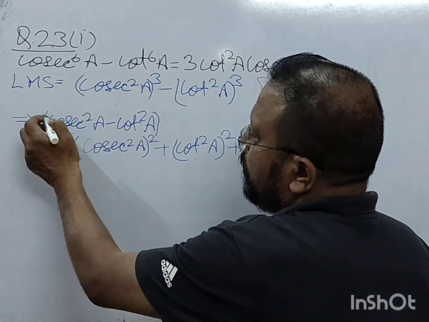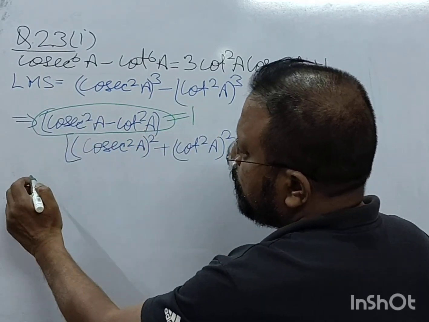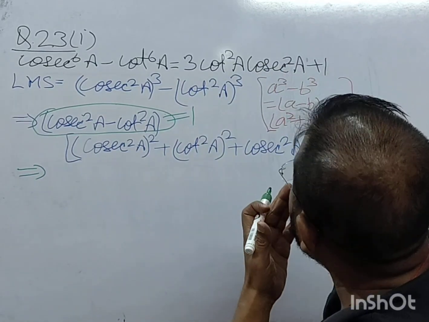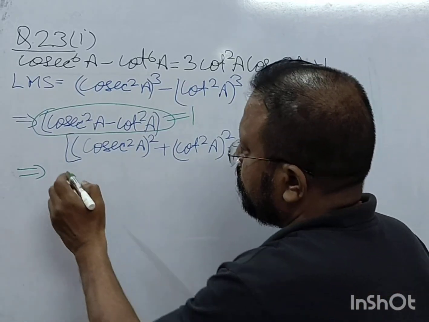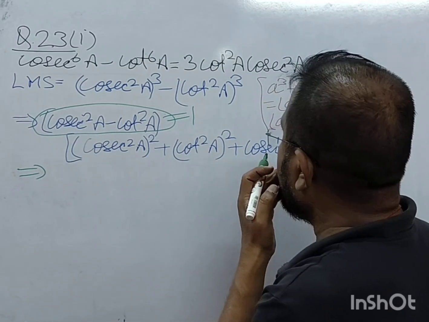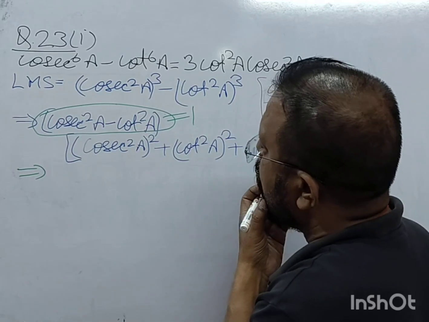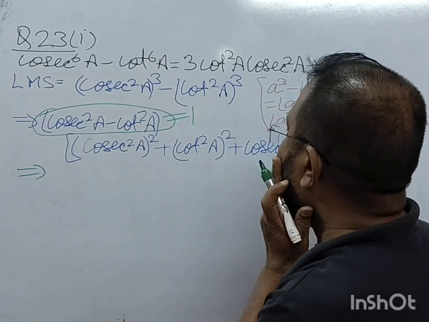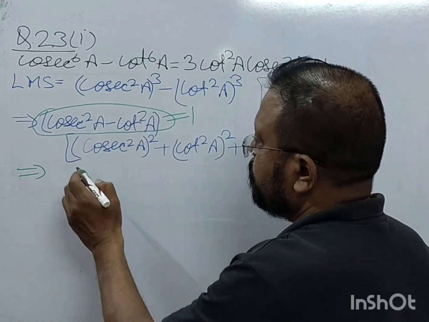This cosec square a minus cot square a turns to be 1. So 1 into 1 becomes 1. So we get, okay, so you need 3 cot square a.